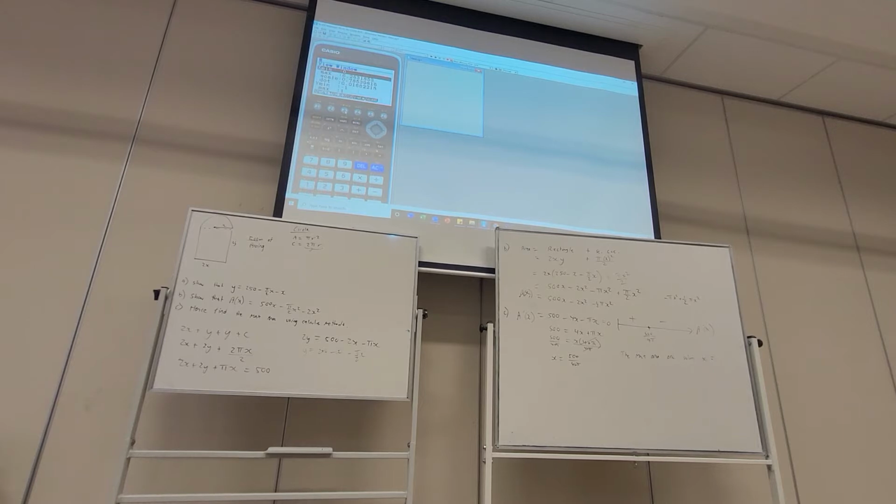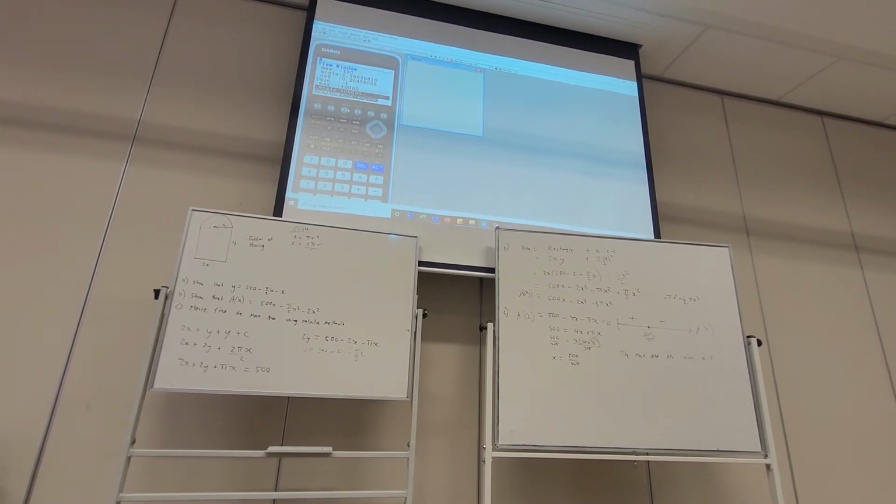Alright, so I'm going to need to crank my view window out a bit. So let's go to 10 for x, and for y, let's go to 100 or something like that. Even more. It's area of shape, so I need to crank x out as well, and y again.